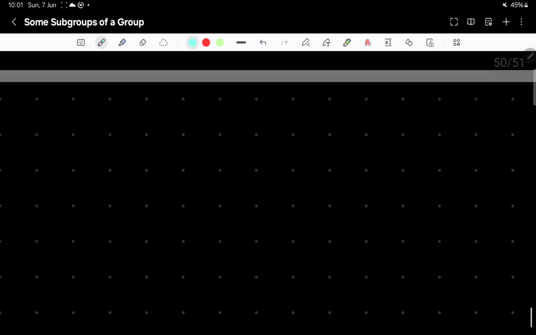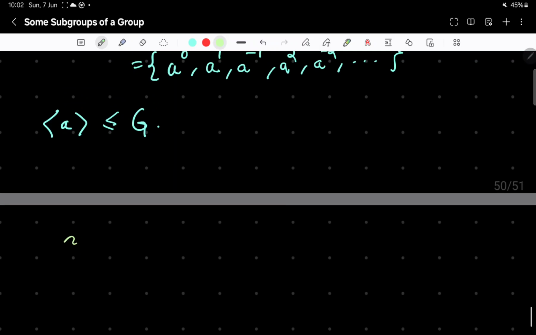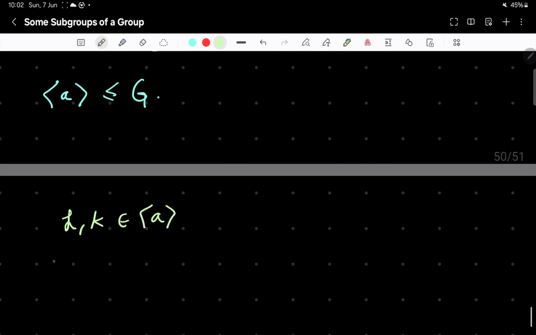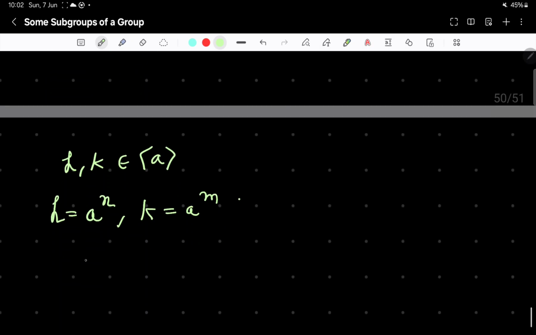So let's prove it very fast. Let's take two elements again, H and K, from this subgroup. So what does this look like? H will look like some A raised to n, K will look like some A raised to m. Now if you multiply HK inverse, what happens is A power n, A power m raised to minus 1.